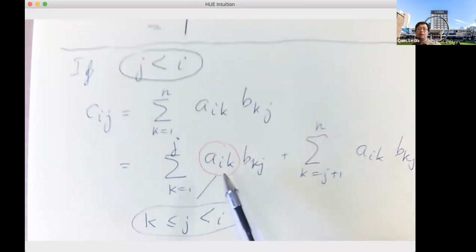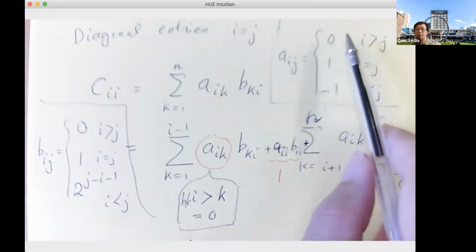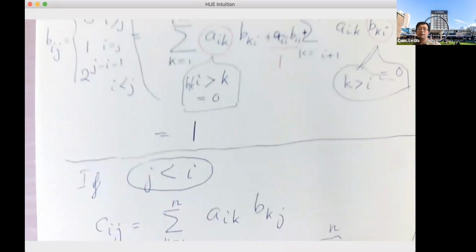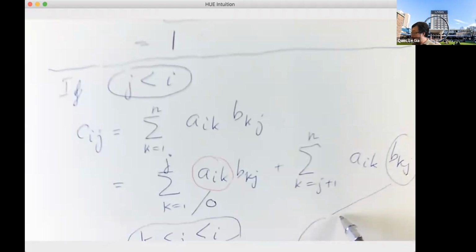It means that the row is bigger than the column. So remember, if the row is bigger than the column, it just equals 0. So therefore, this one equals 0 as well. And now, similarly, you can look at this guy. You can see that this one k is bigger than j.